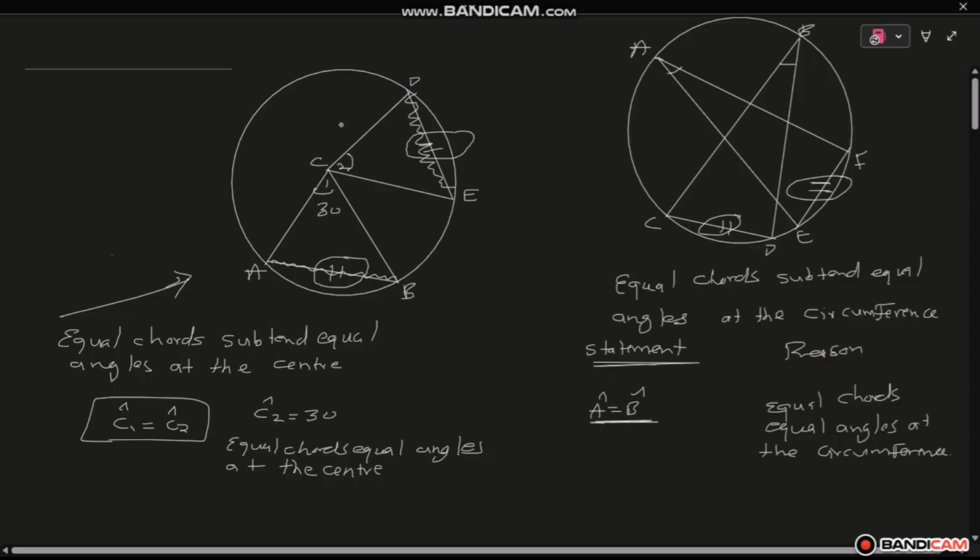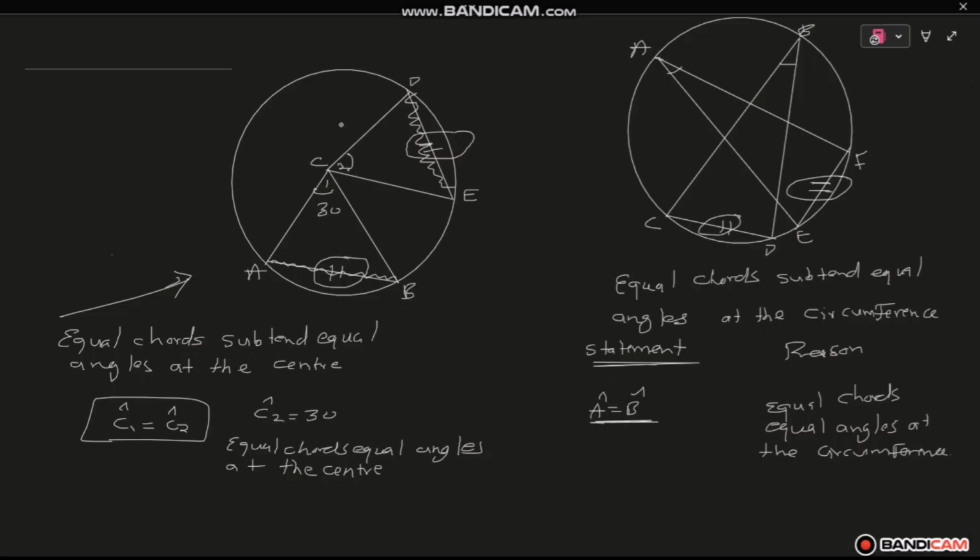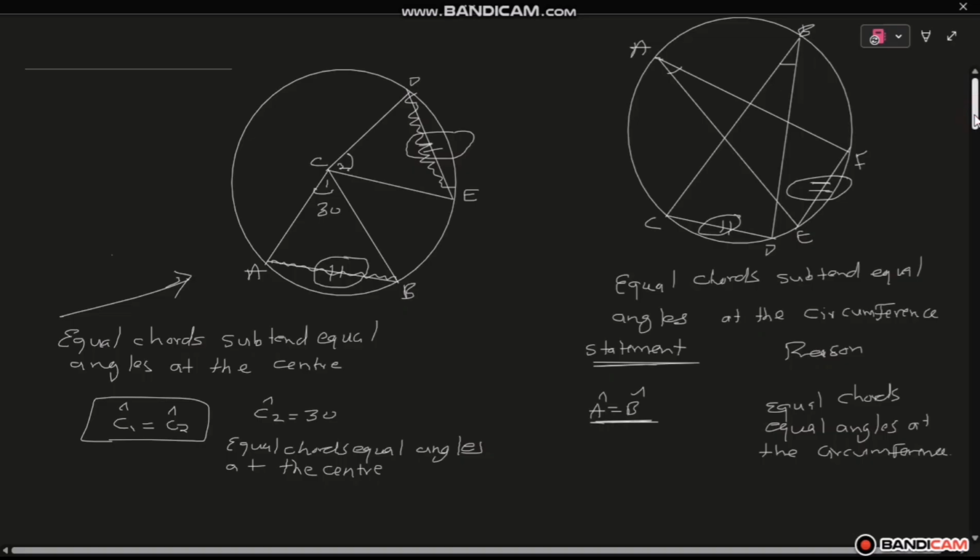You must know how to differentiate them. The first one, the triangles are meeting at the center. That makes their angles equal, subtended by equal chords. But the second one, angle A and angle B are equal because they are subtended by equal chords. So equal chords form equal angles at the circumference.